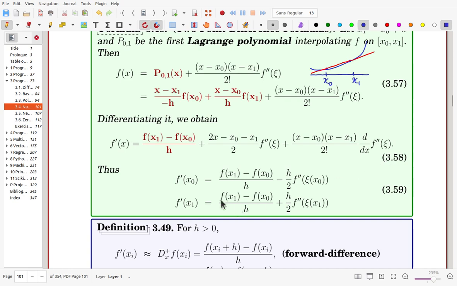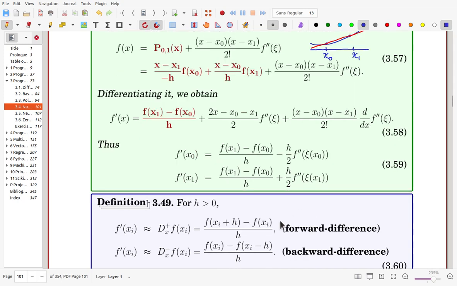So when x is x1, we have the remainder in this form, but we have the same difference formula. But that one is now the formula looking from x0, from the left end point. In this case, the error is given here, and once we look at the formula from the right end point, then the error is given in this way.